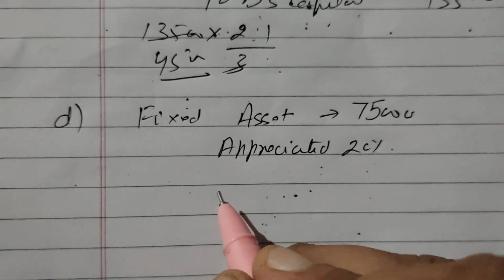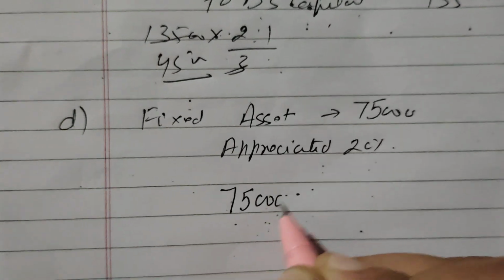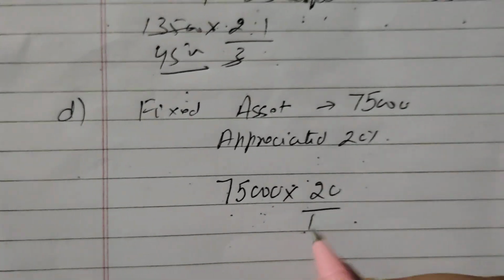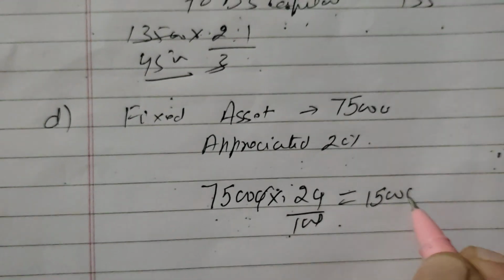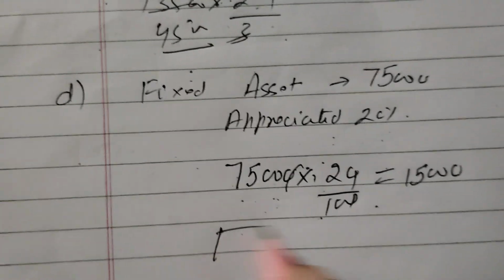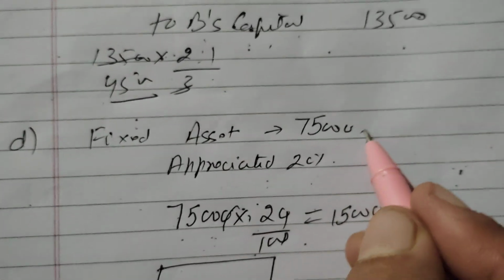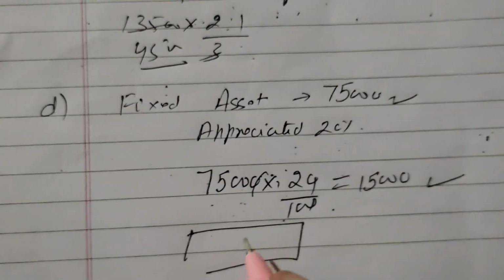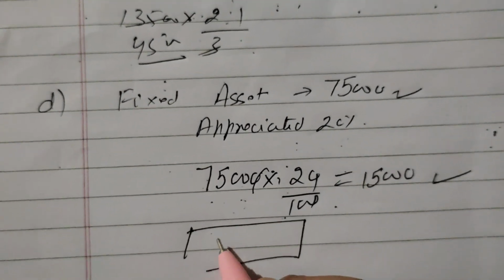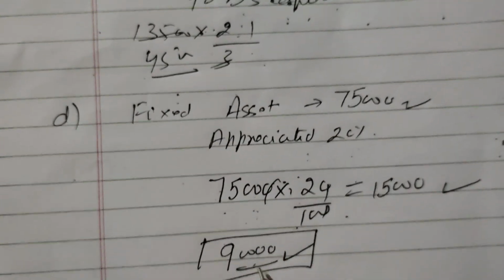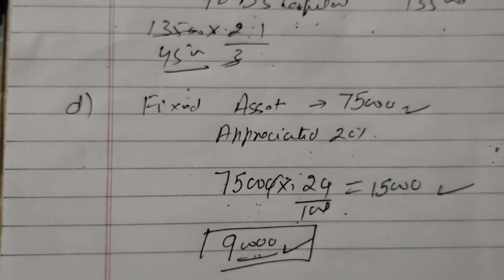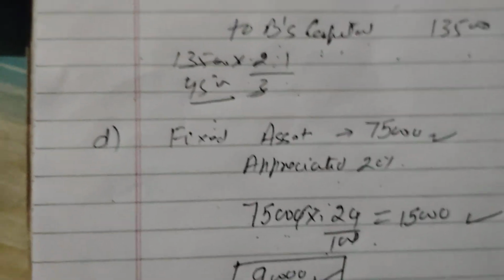So what will be the value of the new machine? 75,000 multiplied by 20% will be 15,000. So my new fixed asset value will be 75 plus 15, it will be 90,000. Same, stock is reduced. So these are the working notes, that is important.